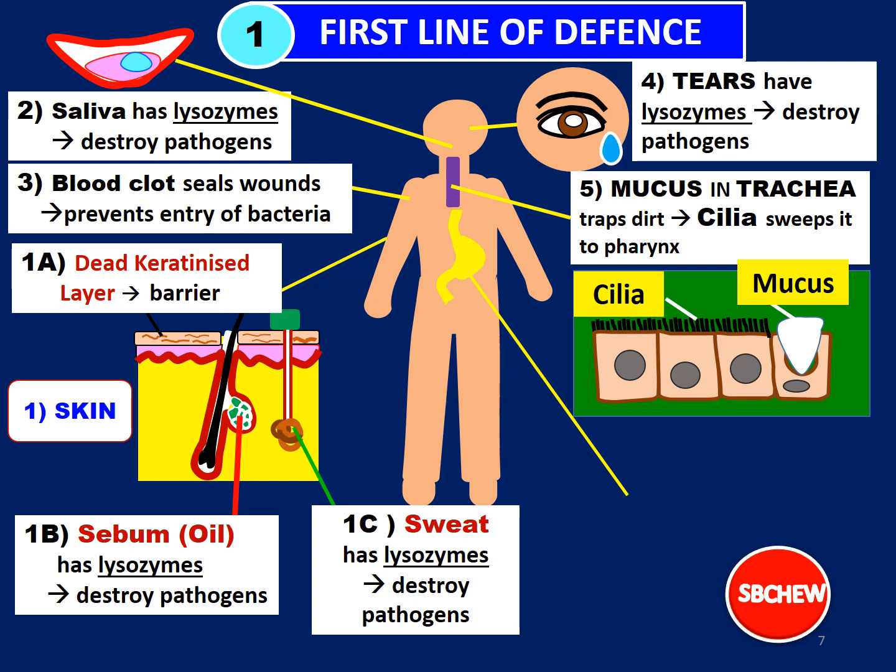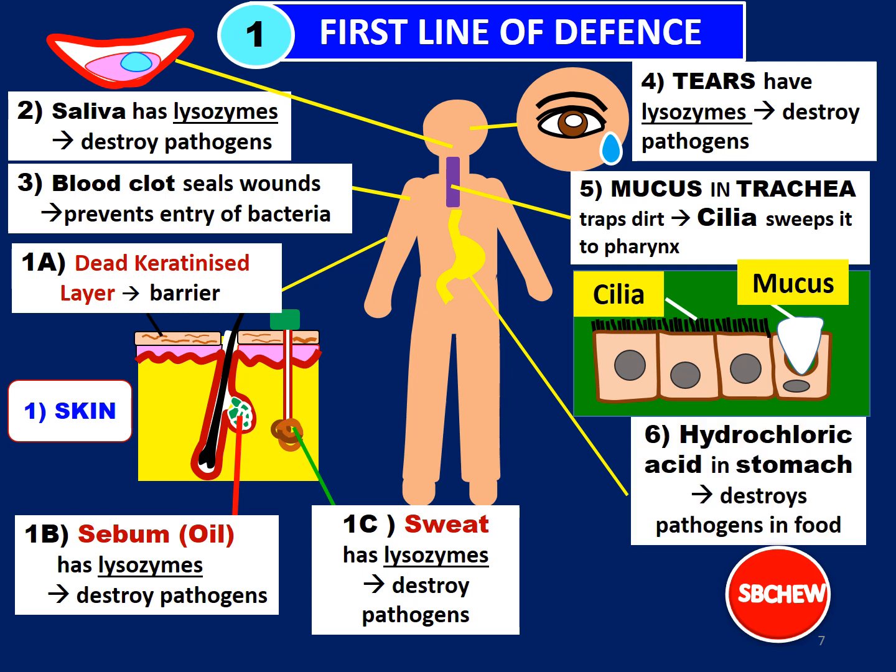After that, the person will cough out the mucus from the pharynx. Lastly, hydrochloric acid in the stomach has a pH of between 2 to 3, which is very acidic, and this helps to destroy pathogens in the food that is eaten.